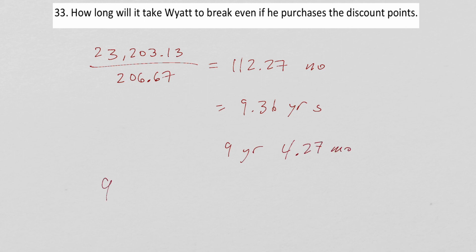So our break-even point is 9 years, 5 months. As long as you hold the loan for 9 years and 5 months, every month after that, you have saved money. If you sell the property or you lose the loan before those 9 years and 5 months, you will lose out from having purchased those points.